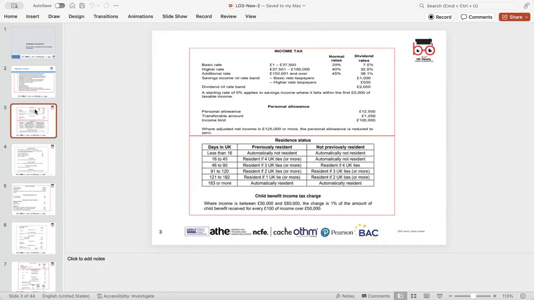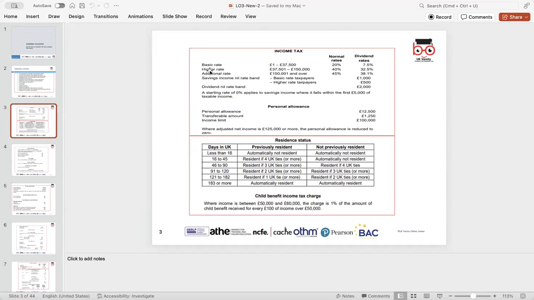So here, our today's lecture starts with income tax with the normal rates. This one is the same as our previous lecture. With the normal rates, income tax rates vary depending on income level. For individuals earning between £1 and 37,500, the basic rate is 20%, and for dividends is 7.5%.